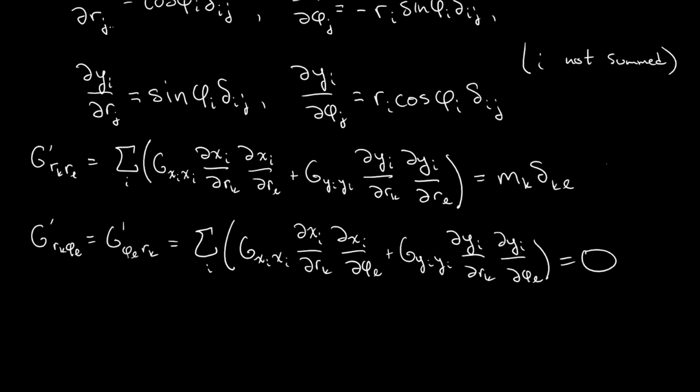And when you plug everything in, these go to 0. And one last one that we get, G prime phi_k phi_l. This gives you m_k r_k squared times delta_kl.